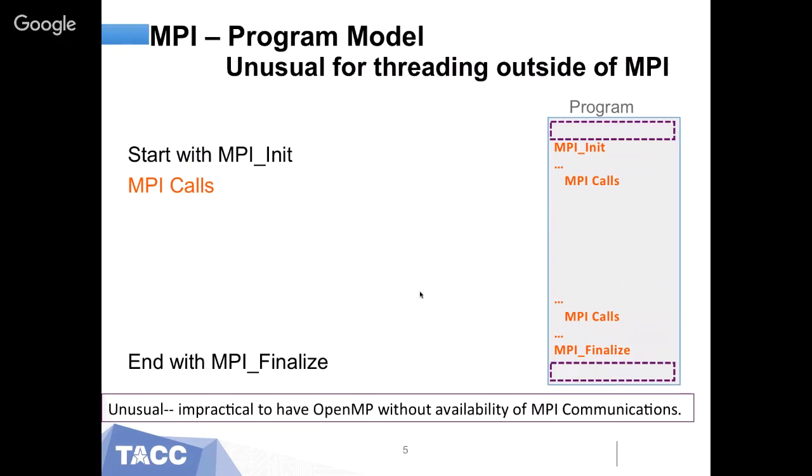Yeah, after the finalize you could have a parallel region, or even before the MPI init you could have a parallel region to do OpenMP. But the general rule is that you lose your communication ability to other ranks or MPI processes outside that.